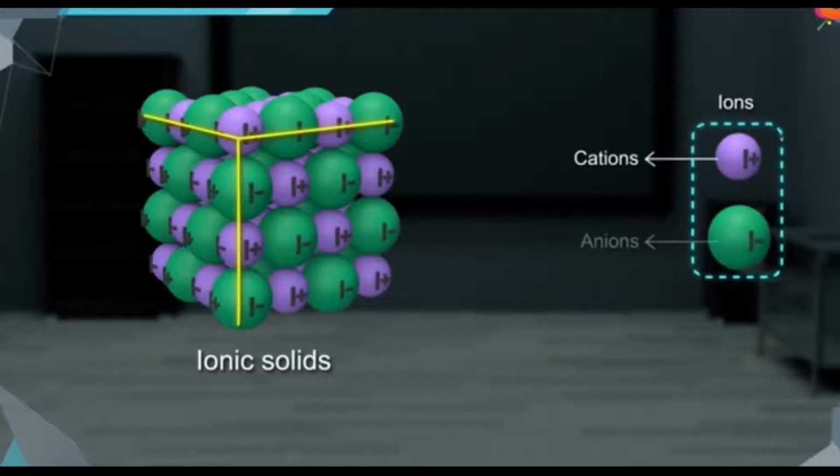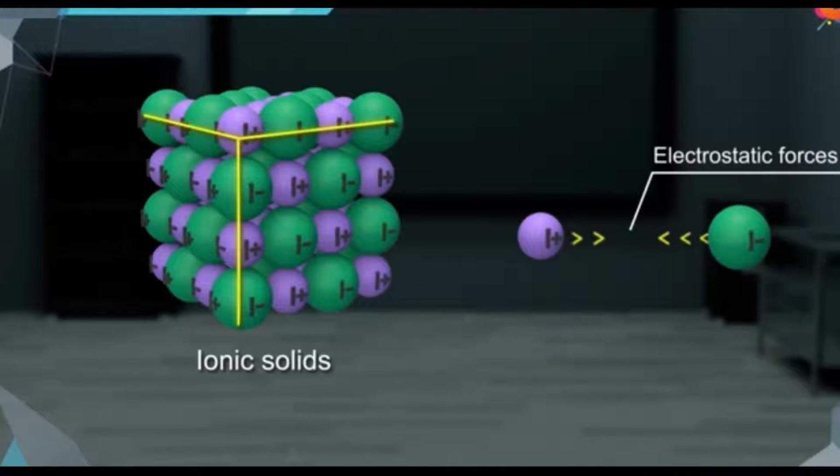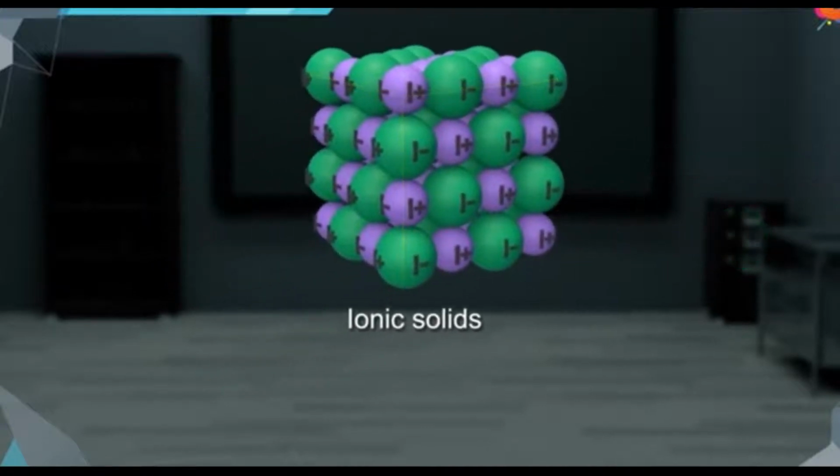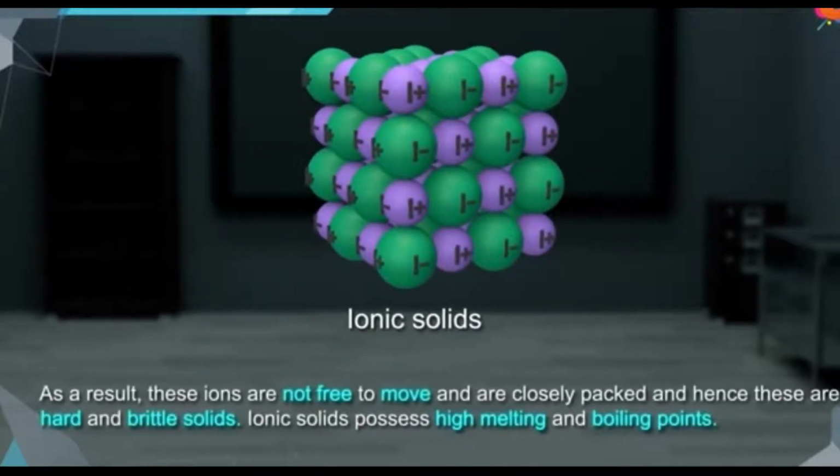They are held together by strong electrostatic force of attraction. As a result, these ions are not free to move and are closely packed, and hence these are hard and brittle solids. Ionic solids possess high melting and boiling points.